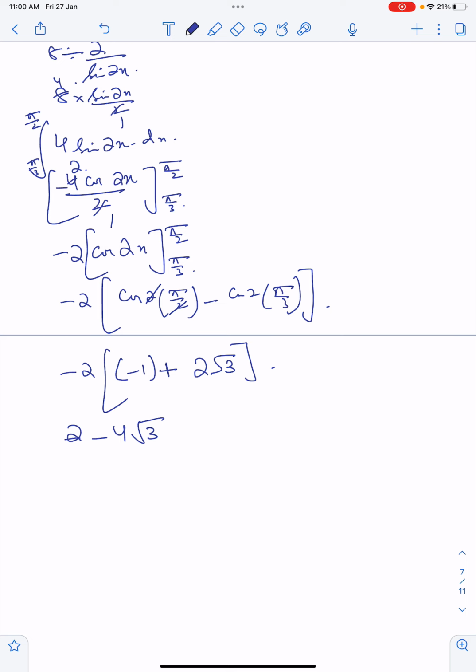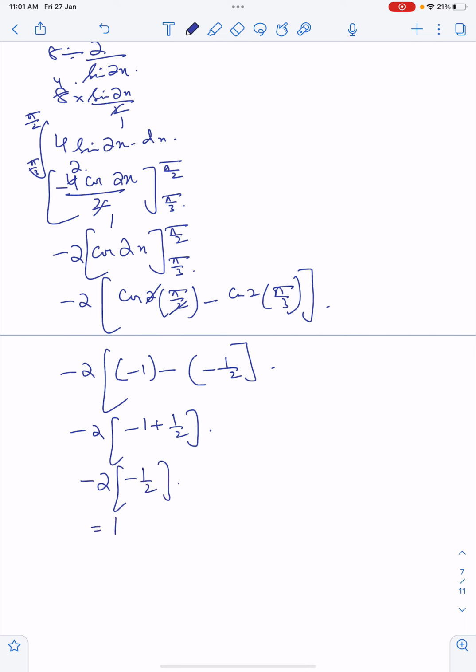I made a mistake with this. This is not root 3. I was thinking in my mind, I was calculating tan of pi by 3. So it's going to be minus half. Minus cos of 2 pi by 3 is minus half. So let's simplify this further. Negative 2 outside, minus 1 plus half, which is minus half, which is actually 1. So this is done.